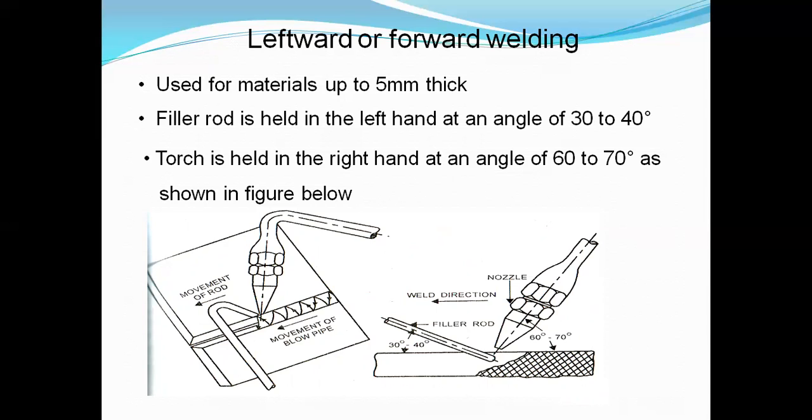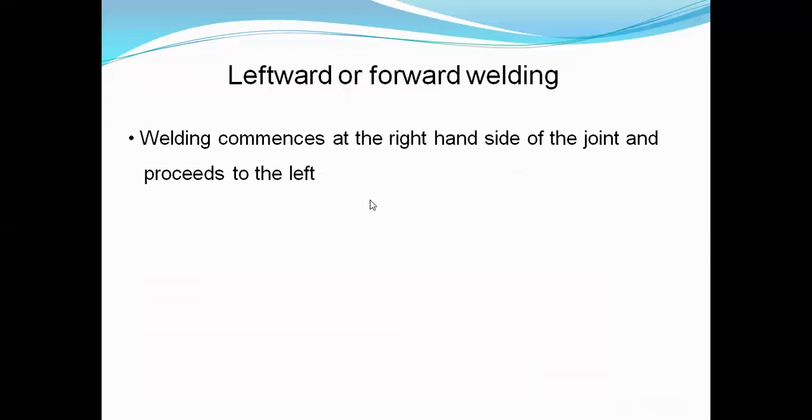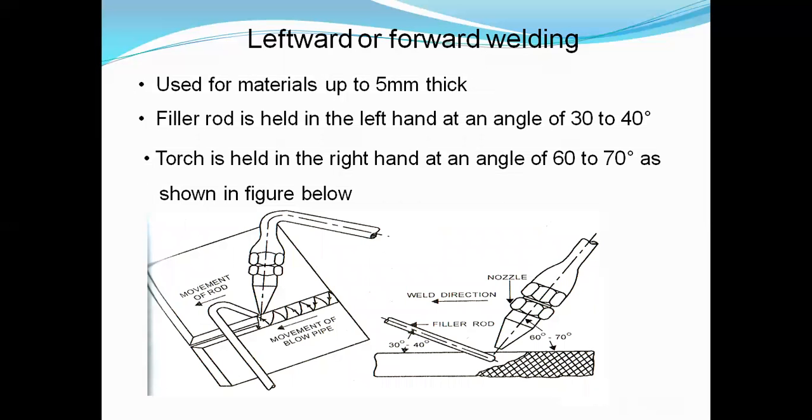In this, the filler rod, that is the filler material, is held in the left hand at an angle of 30 to 40 degrees, and the welding torch is in the right hand at an angle of 60 to 70 degrees. The welding process commences at the right hand side of the joint and proceeds to the left.